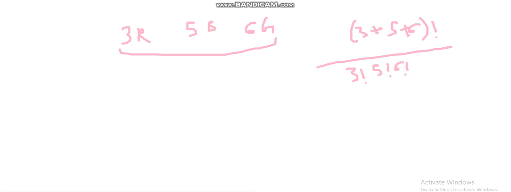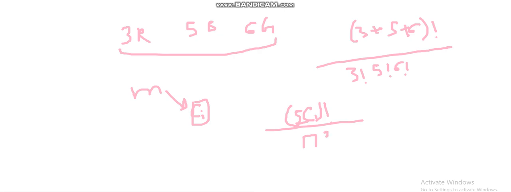If we have to rearrange some groups, like there are m groups, and each group contains ci participants, then the total number of permutations will be the summation of ci, factorial, divided by the product of ci factorial.